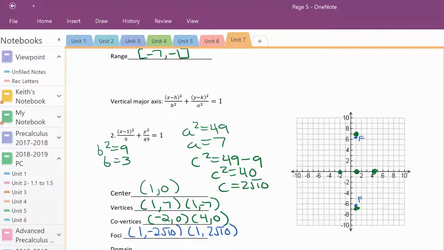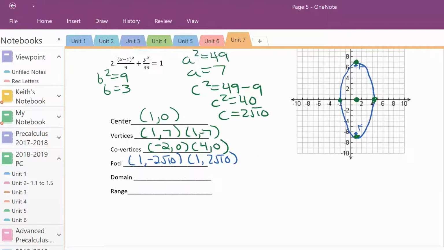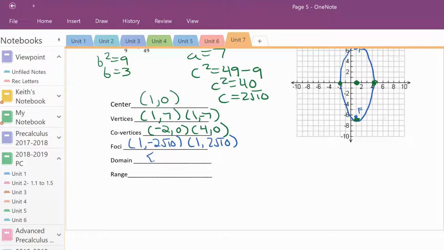And then I just have to draw my ellipse. And then I have to find the domain and range, which is, domain is x, so -2 to 4, because you go from left to right, and then up and down I go from -7 to 7.